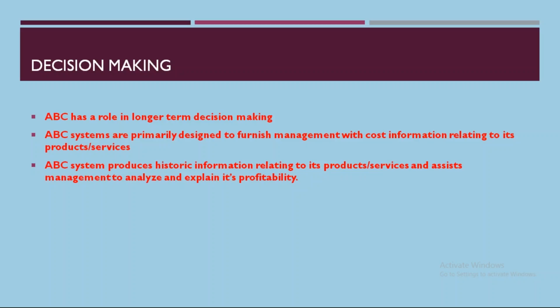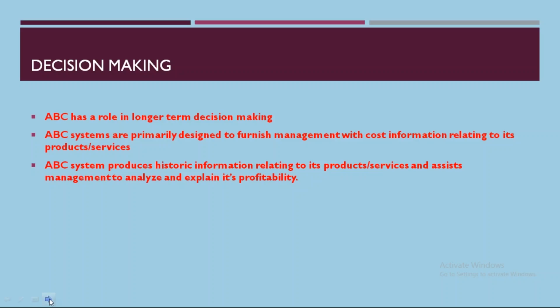Now, one way you can go purely by profitability and think it's worthwhile only to do this kind of surgery. But on the other hand, we have to look at the overall situation. If you try to focus or confine yourself, you might not have the whole day's work. So you have to be careful on that kind of thing also. So all that decision-making tool has become available today through ABC.